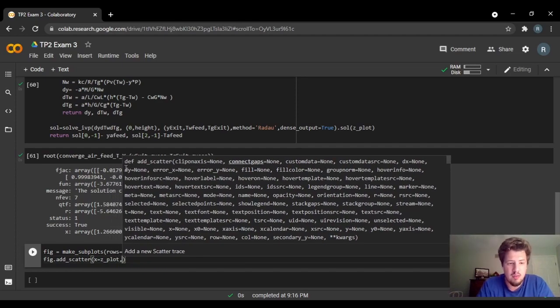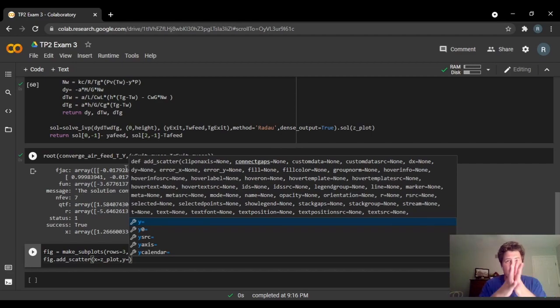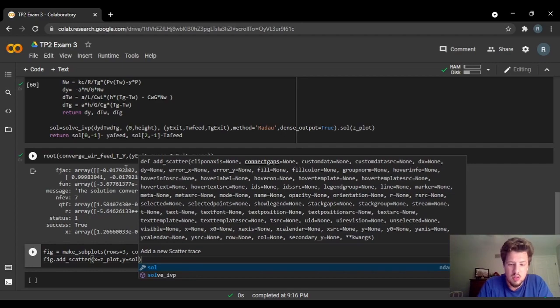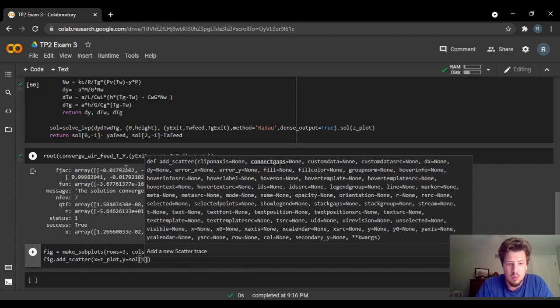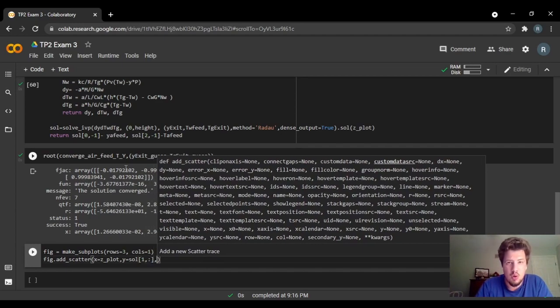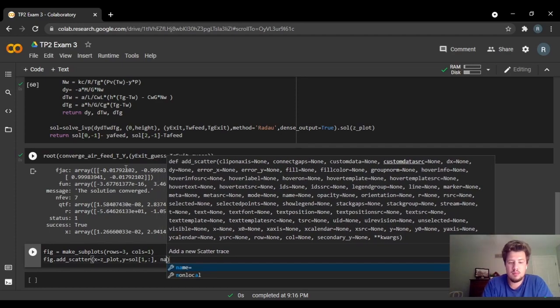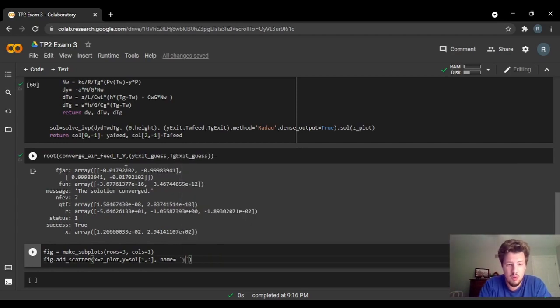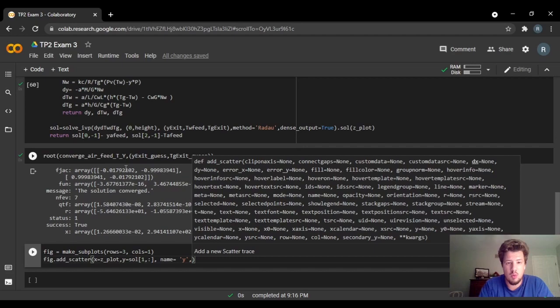And then we're going to have our y value, which will be equal to our solutions within our array. So solutions, and I want this to be the first value through for all the values, and then I want to call this, this is the molar fraction, so it's going to be y. And then I want to put this in the first row and the first column.